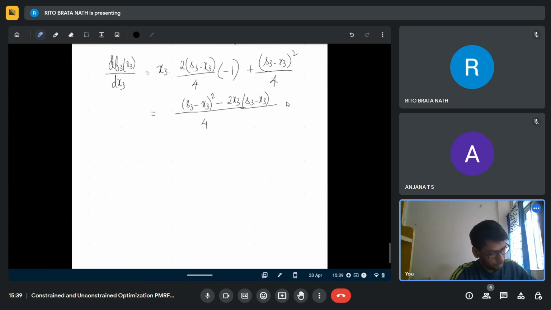Okay, so I can further simplify this, s3 squared plus s3 squared is 2 s3, minus 2 x3 s3 plus 2 x3 squared divided by 4.